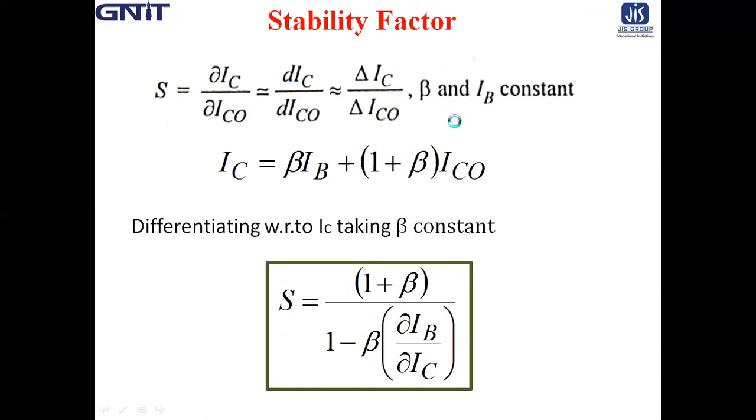So S is equal to del IC by del ICO, or dIC by dICO, or delta IC by delta ICO, which is the same, where beta and IB are kept constant.